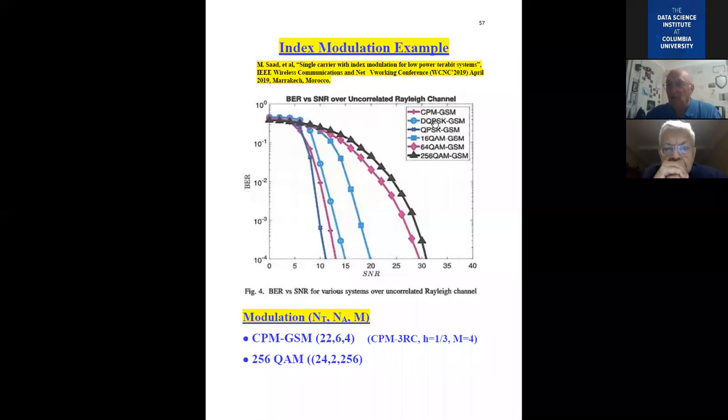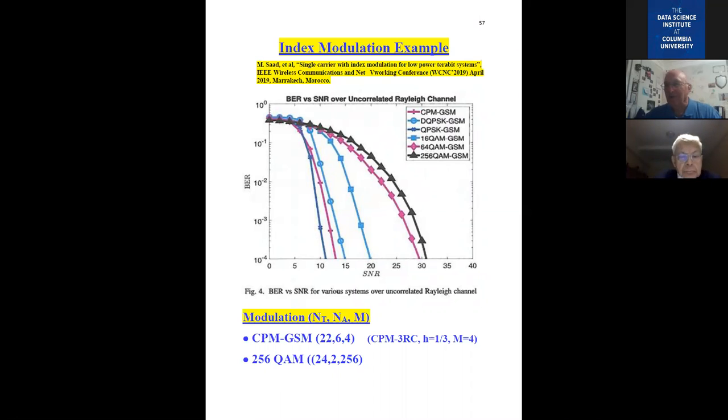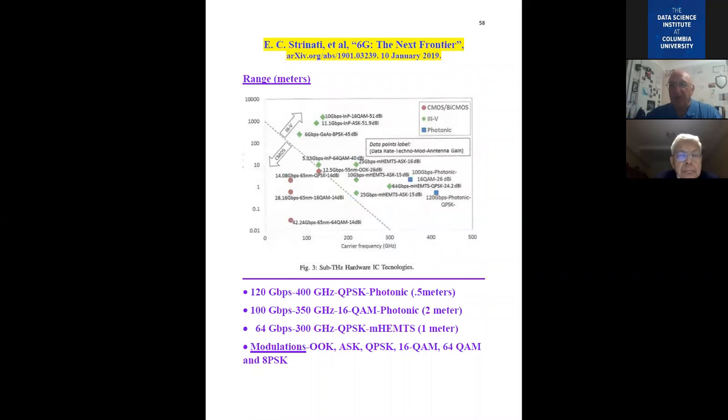And with QPSK, you could probably reduce the peak to average as well. So there's another interesting way of trying to get a lot of bits per second. And once you're talking about bandwidths of 20 gigahertz, 100 gigahertz, you're talking about lots of bits per second. In just the last 2 or 3 years, a lot of people are trying to implement these different systems at high frequency.